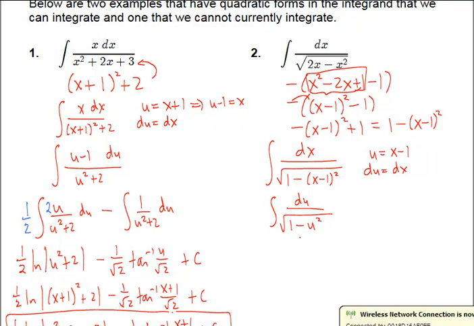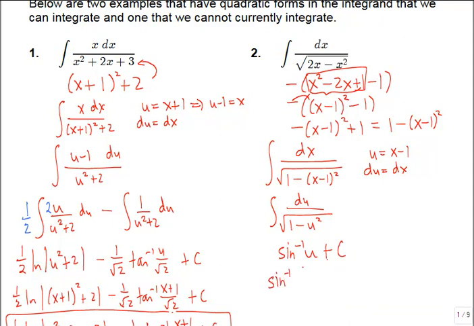The antiderivative of 1 over square root of 1 minus u squared is the arc sine of u. So this is just one of these formulas you need to know. So this is arc sine of u plus c. And now if I substitute back in terms of x, then this u becomes x minus 1. And here's my final answer.